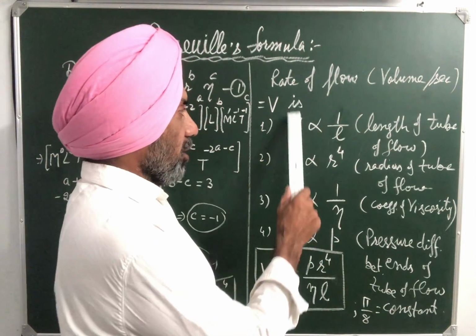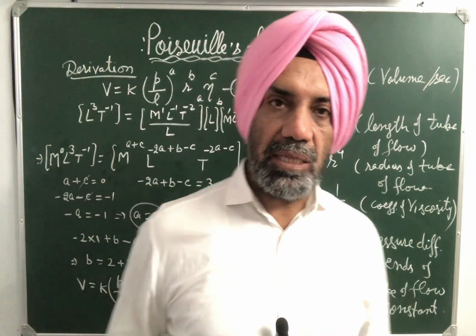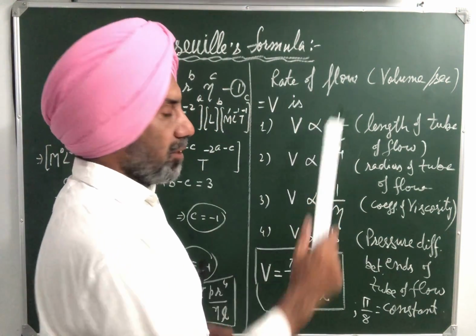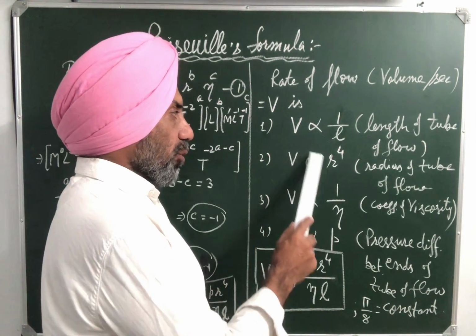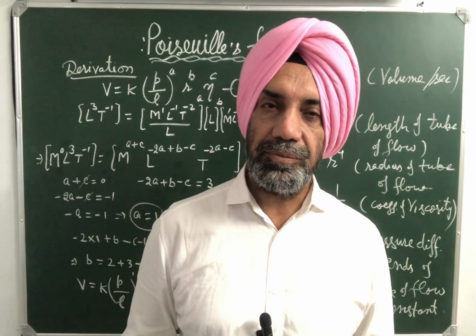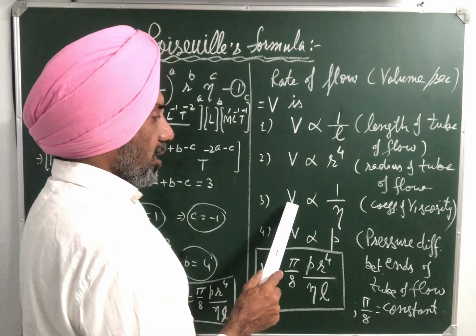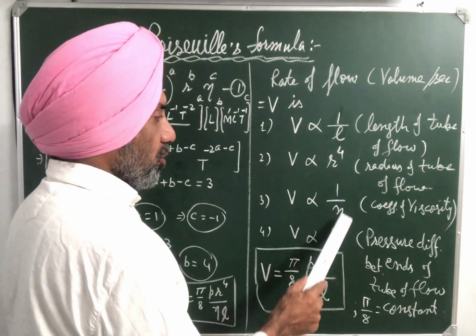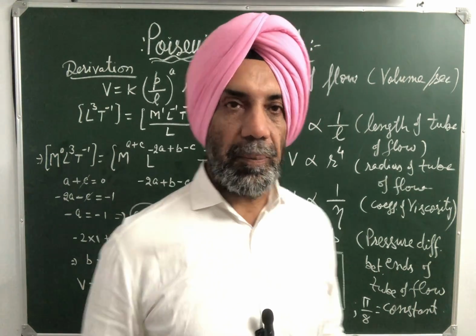V, that is the rate of flow or volume flowing per second through a tube of flow, is inversely proportional to its length. Number 2, rate of flow is directly proportional to the fourth power of the radius of the tube of flow. And third, rate of flow is inversely proportional to the coefficient of viscosity of the fluid.